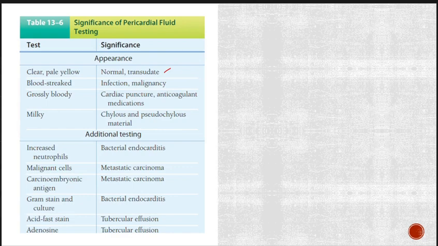pericardial fluid. Okay? Additional tests. If there's an increased neutrophil, okay, we can associate it with bacterial endocarditis. Increased neutrophil of greater than 1,000 WBCs per uL. Okay, so bacterial endocarditis with high percentage niyang neutrophil. Okay. So, malignant cells also are frequently encountered as the result of metastatic lung or breast carcinoma.